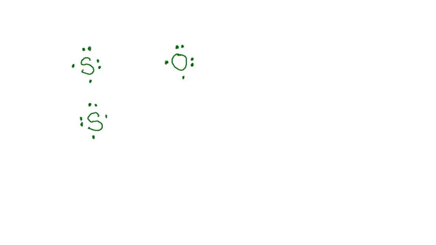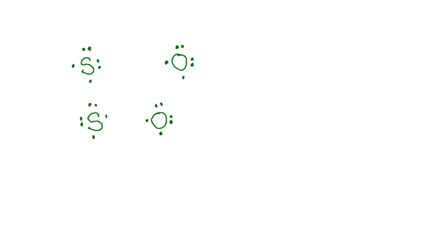It's just kind of random where you put the dots, as long as you put 1 dot on each position before you start doubling up. And here's oxygen. 1 dot, 2 dots, 3 dots, 4 dots, 5 dots, 6 dots.